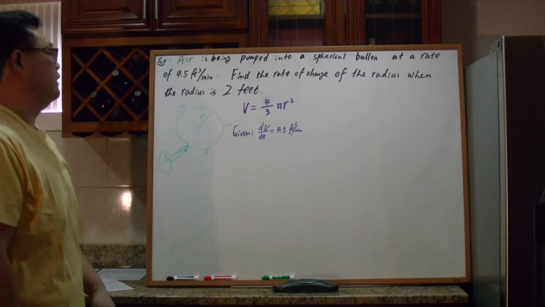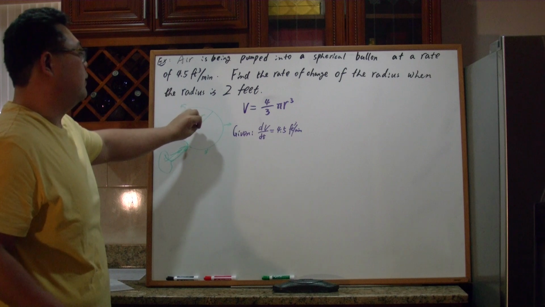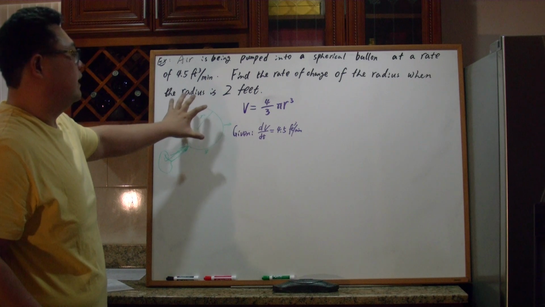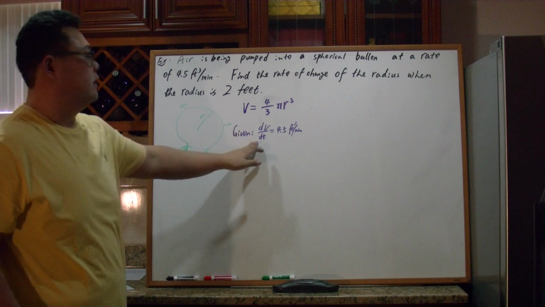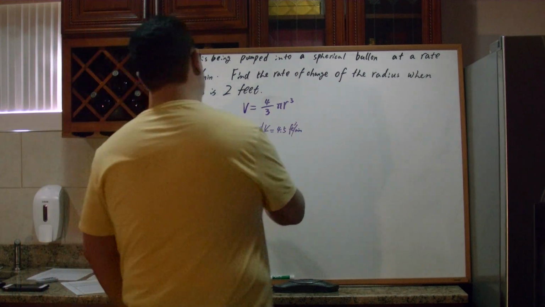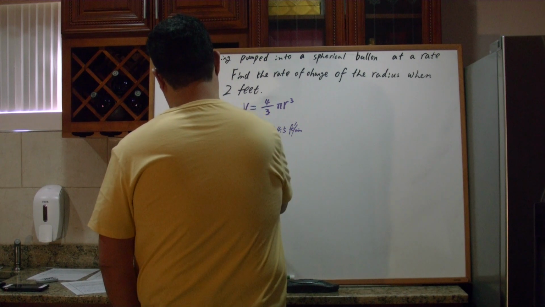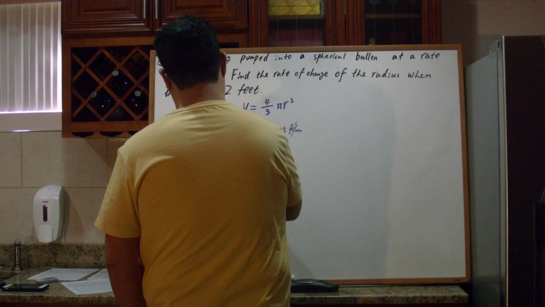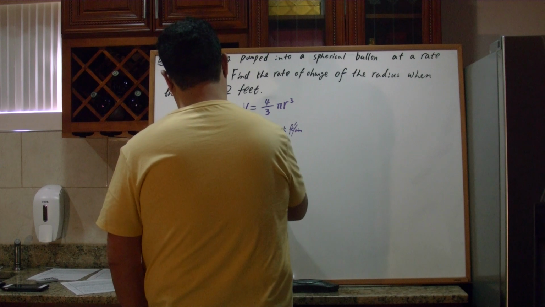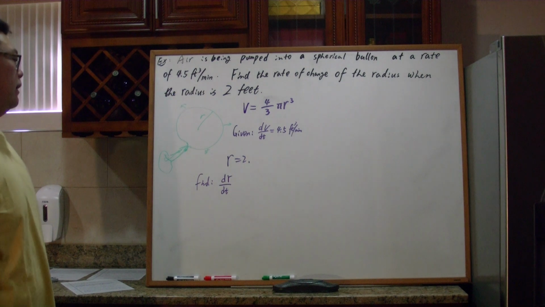That makes sense: pump air in at this rate, that means the volume of the balloon is expanding at this rate, 4.5. Then we are also given that the radius is 2. We need to find the rate of change of the radius with respect to time.